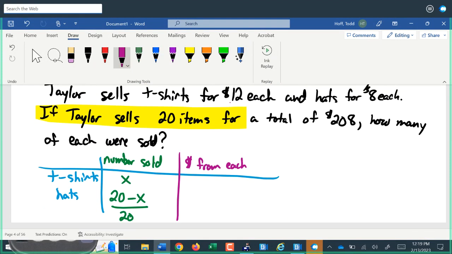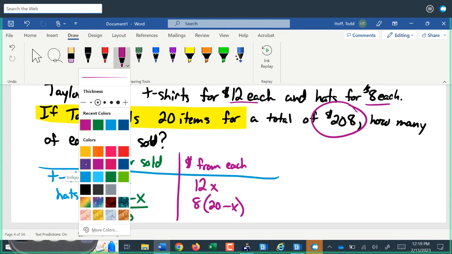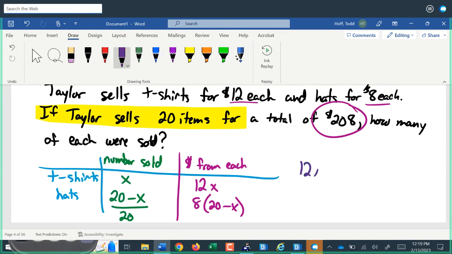So for t-shirts, it's $12 each times X. For hats, it's $8 each times 20 minus X. And that has to add up to our total sales of 208. So I have my 12X plus 8 times 20 minus X adds up to $208.